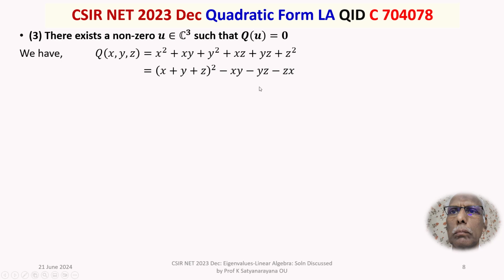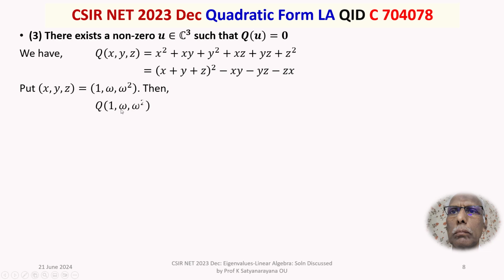This is minus of 1 plus omega plus omega square, that's also going to be 0. So put the triad x, y, z equal to the triad 1, omega, omega square, where omega is the complex cube root of unity, and this belongs to C cube.